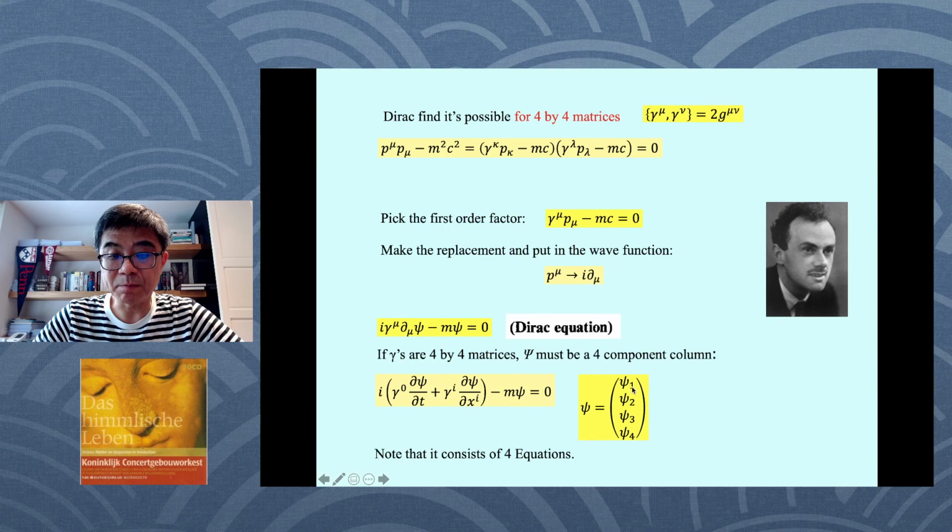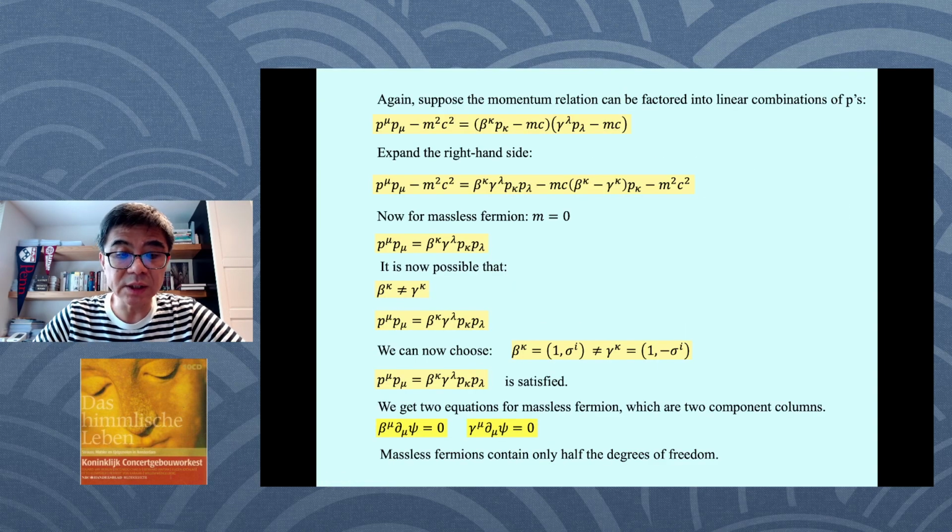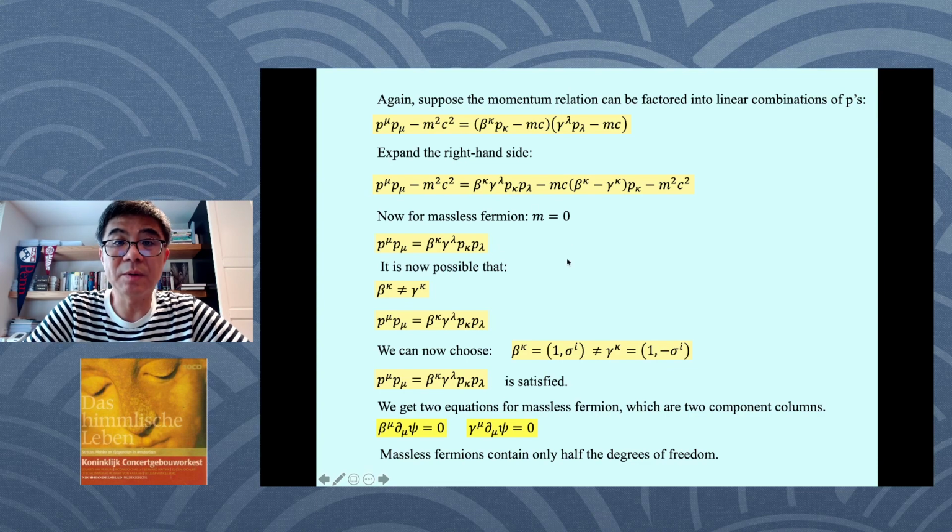A spinor has two components, so that's why it is called a bispinor. But on the other hand, if the mass is equal to 0, the two component spinor could also work. On the other hand, we could have two equations. This will be the starting point. We are going to talk about how we can arrive at the bispinor Dirac equation next week.